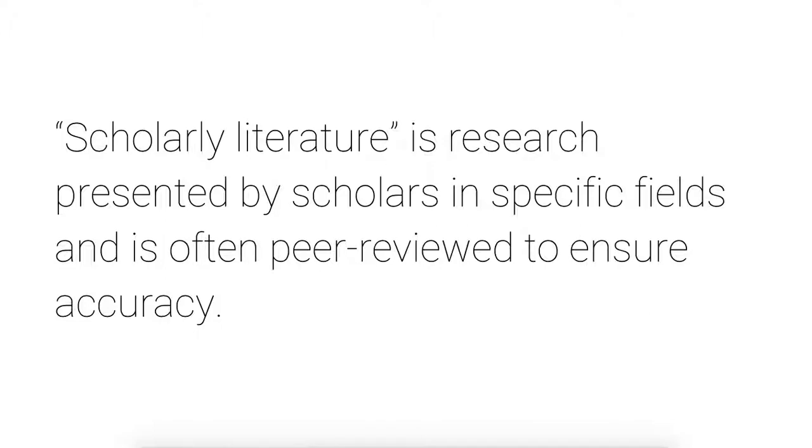And so, scholarly literature is basically research presented by scholars in specific fields and is often peer-reviewed to ensure accuracy. So these are types of sources that are generally pretty reputable, meaning other professionals in the same field had to look at it and give an appraisal of it, make sure that it was up to standards for publication.